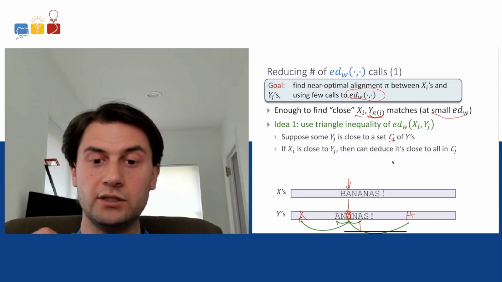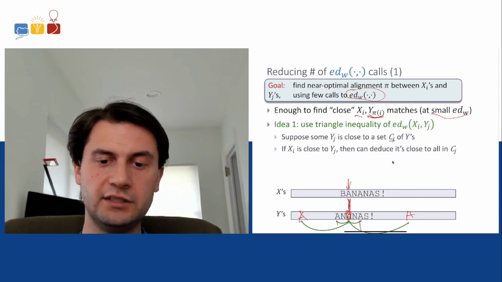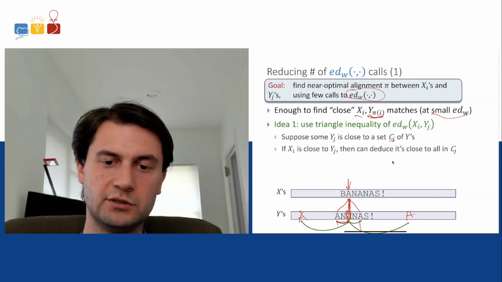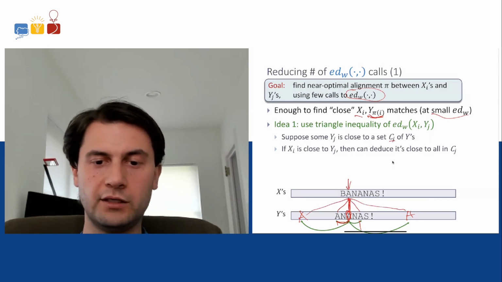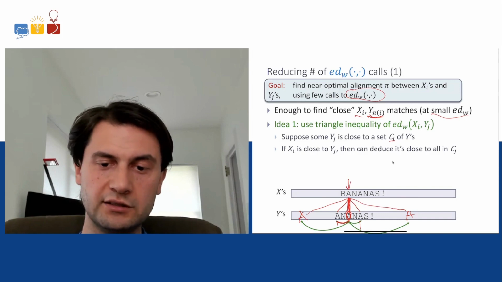Now by triangle inequality, we can deduce that if these two things are close, and this a and this a are close, this means that this is close to this, and this is close to this as well, and as well as this one and this one. We need to compute only this edit distance and the green ones, of course.